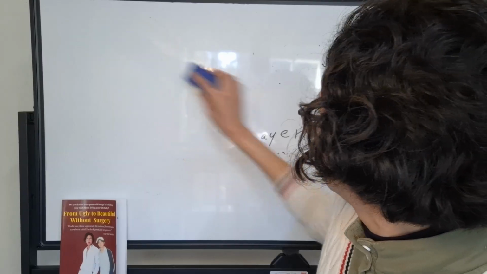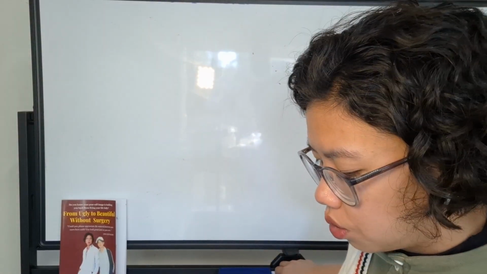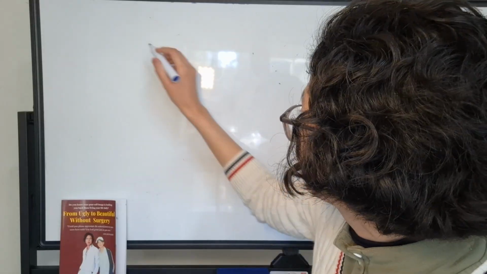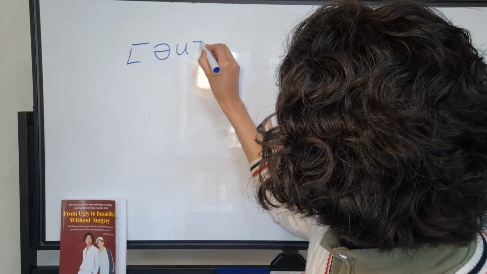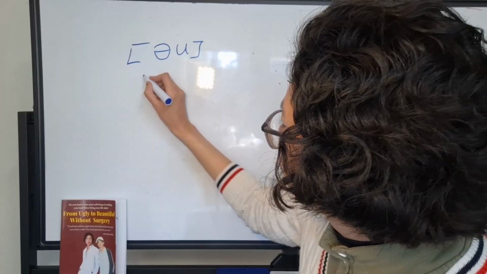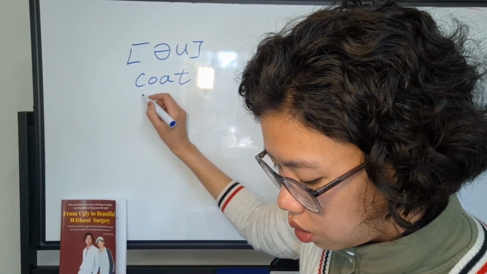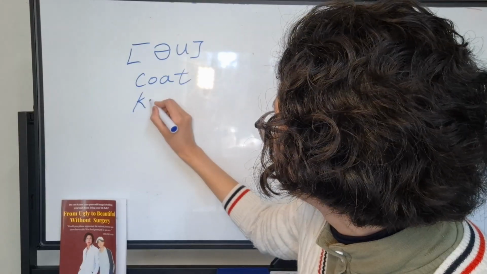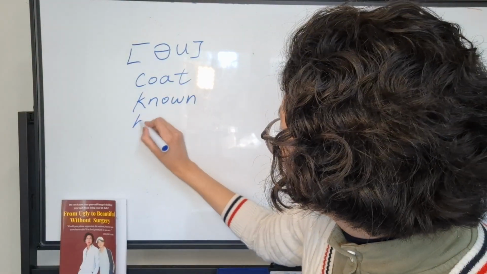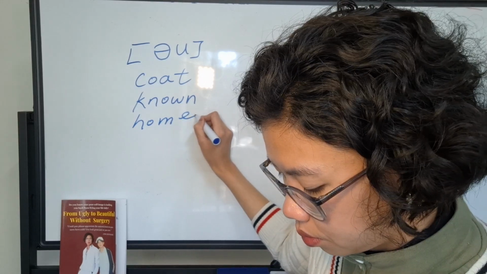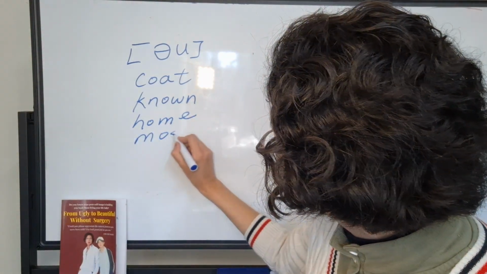Okay, so I need some more space. Okay, so let's keep going. The O, it has a gap here. Okay, so we say cold, no, home. This one is the same as well.